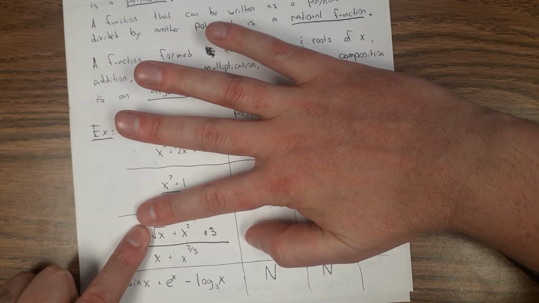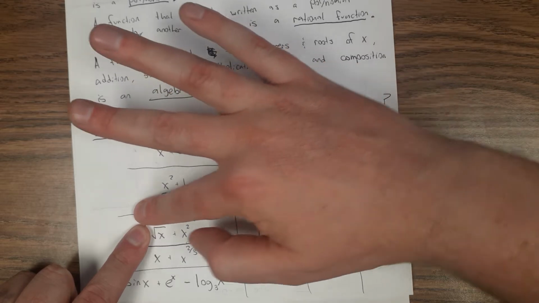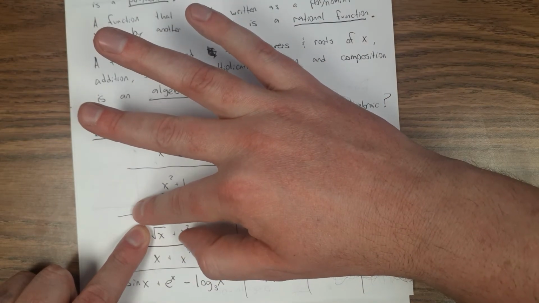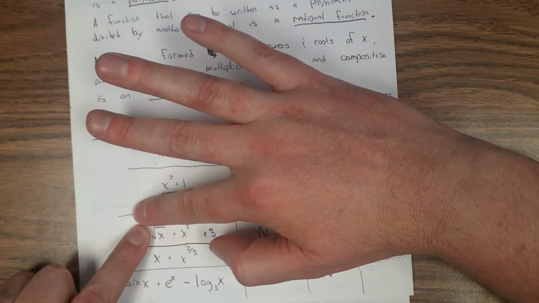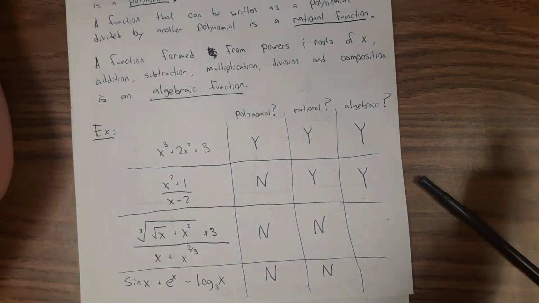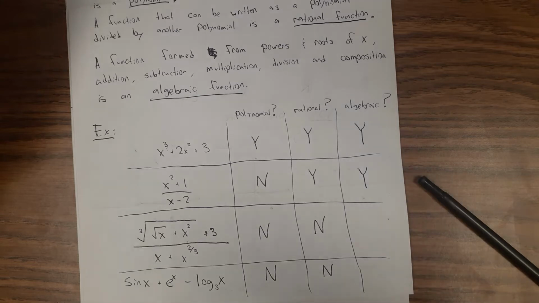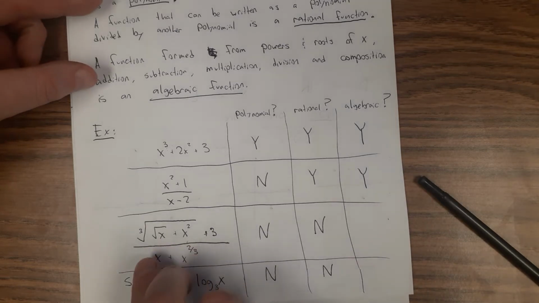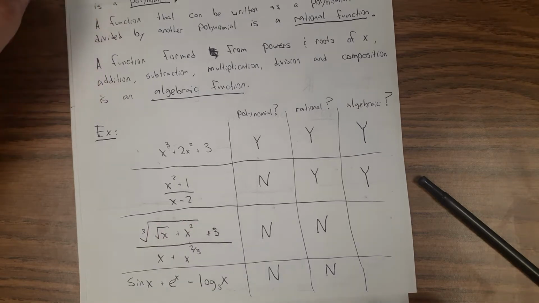That's algebraic, because algebraic functions include roots. Then I see that I'm adding x squared, and that's also algebraic, because algebraic functions include powers of x. And then I'm allowed to take the cube root of that, because the cube root is an algebraic function, and I'm allowed to do that function of another algebraic function.